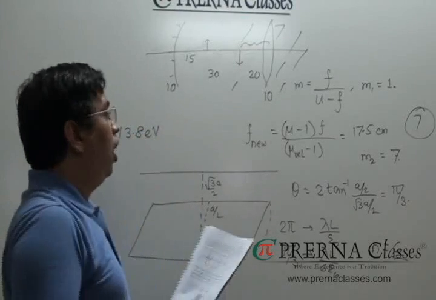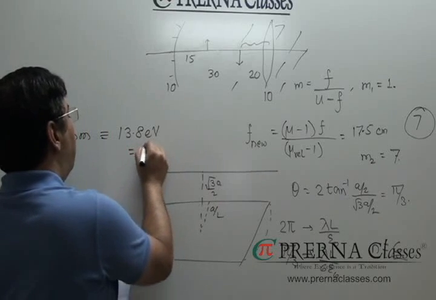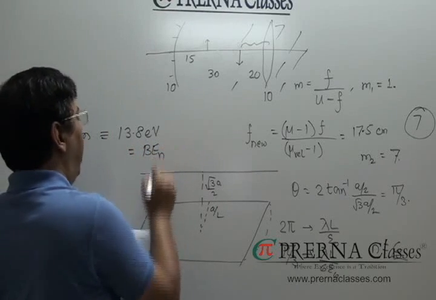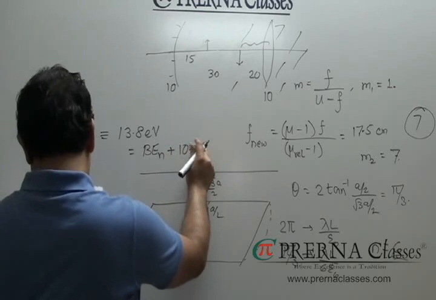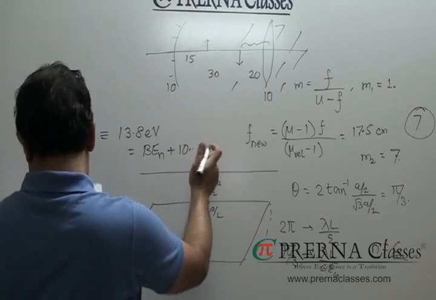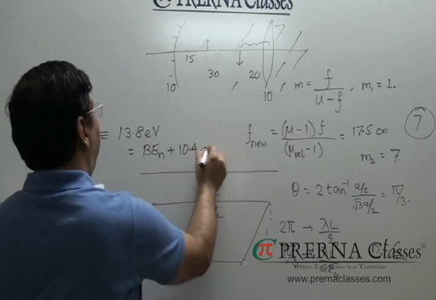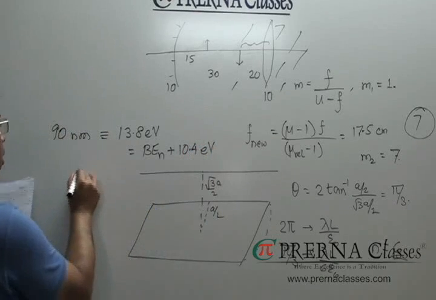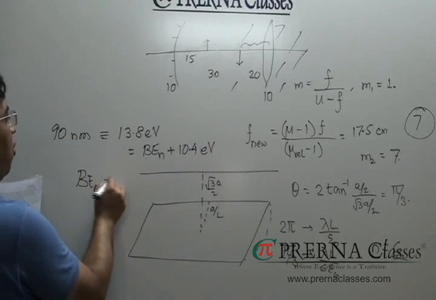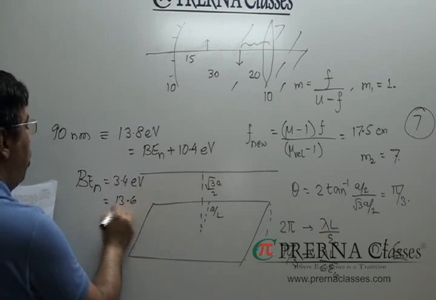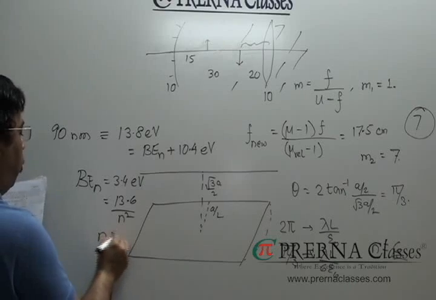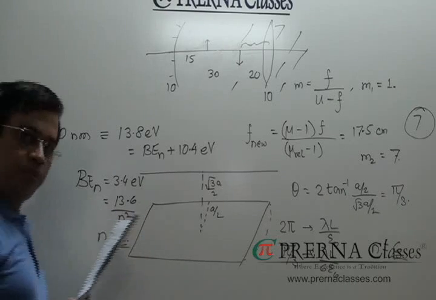This energy is going to be equal to the binding energy that it has in the nth state plus the kinetic energy acquired by the electron, which has been given to us as 10.4 electron volts. Clearly that tells us then that the binding energy in the nth shell is 3.4 electron volts. If I compare that with 13.6 by n square, we get the value of n as equal to 2.